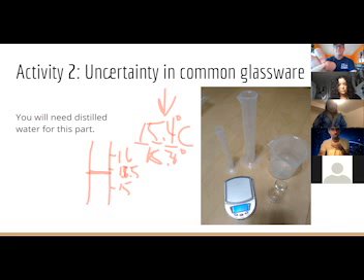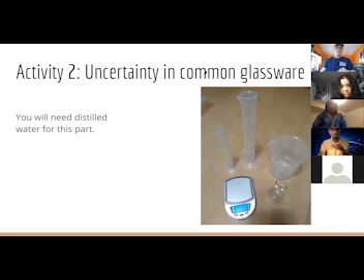So figure out what your temperature is, and we are going to use that temperature to figure out how dense this water is. Because what's the sort of accepted density of water? 1, right?